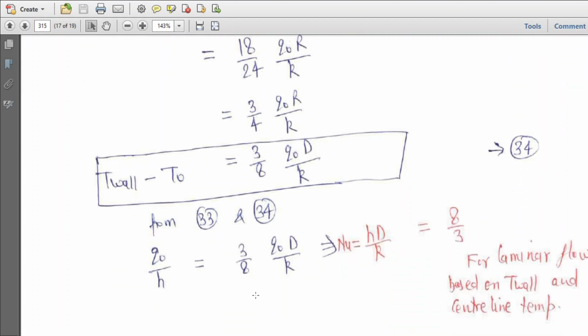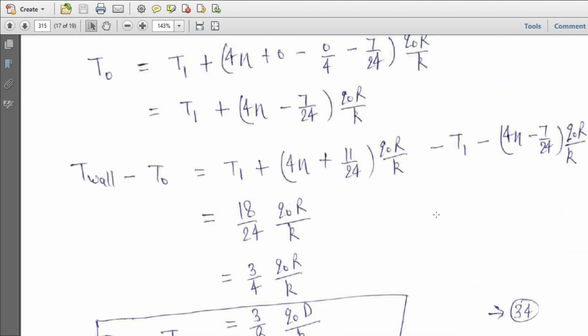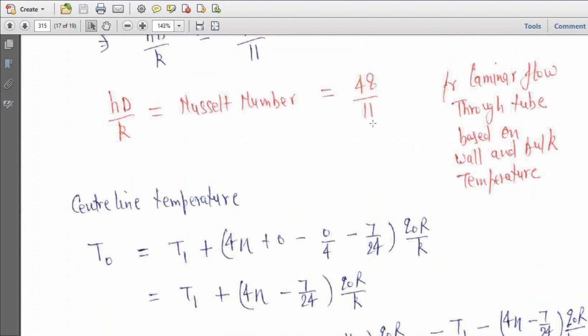Again we can equate this from the convection flux, q naught equals h times TW minus T naught. So you will get q naught upon h equal to 3 by 8 q naught D upon k. From here the Nusselt number hD upon k would be 8 by 3. This is the Nusselt number for laminar flow based on the wall and centerline temperature. The Nusselt number based on wall and bulk temperature is 48 upon 11.